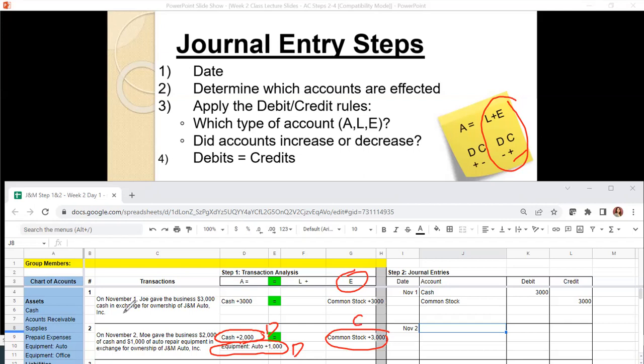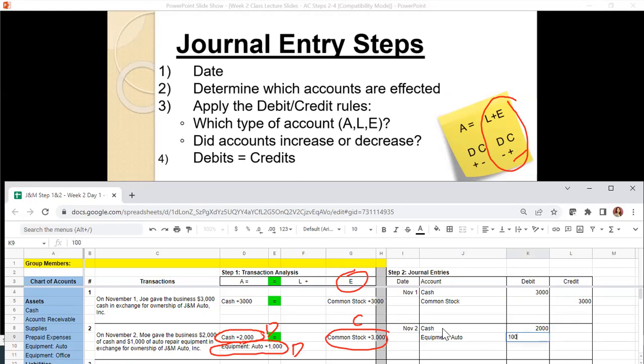So now I'm going to go to my journal entry, do the same thing. I'm going to put cash because it's a debit. I want to list all my debits first. And I go to the debit column and I'm going to put 2,000 because cash increased 2,000. Then I'm going to put equipment, auto, and that increased by 1,000.